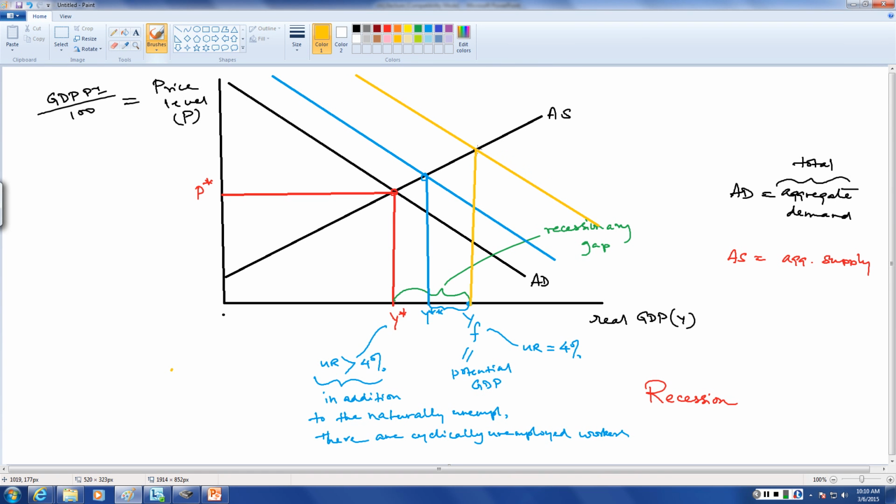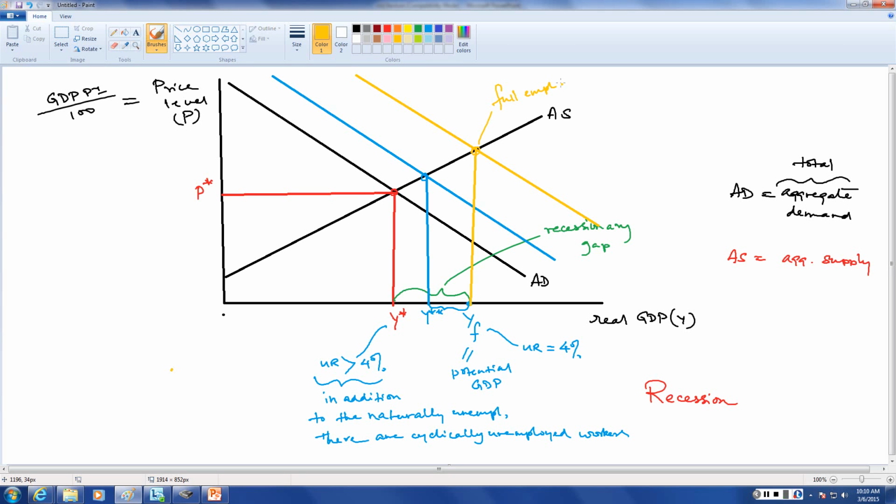Is that correct? So we would then have macroeconomic equilibrium right there. So this is when the economy comes back to full employment. So if demand was stimulated sufficiently, we could help economies climb out of their recessions.